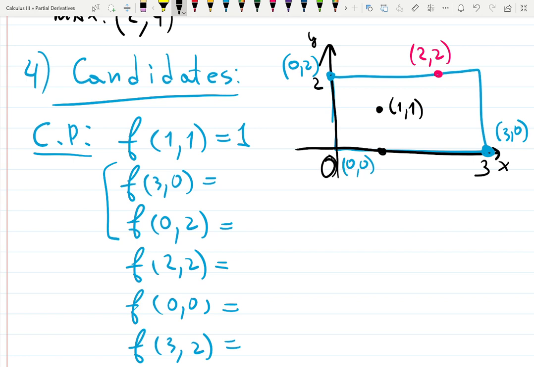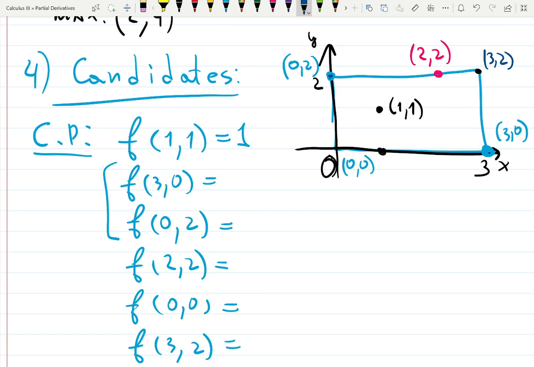Finally, the last one was (3, 2). That is this corner. So all corners are candidates. And there are 2 points: one is the very first point that showed up in the middle, and the other is in the middle of the interval from this segment number 3.